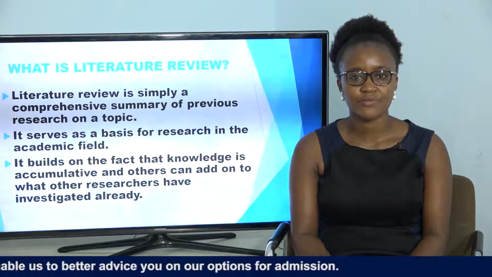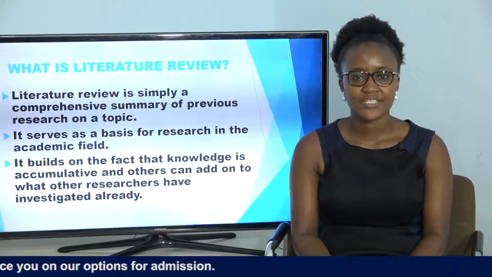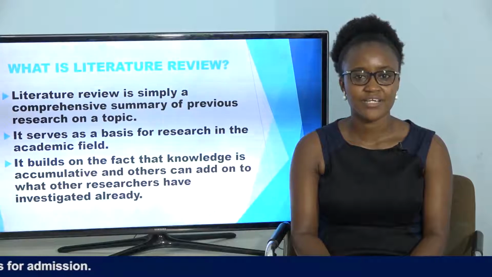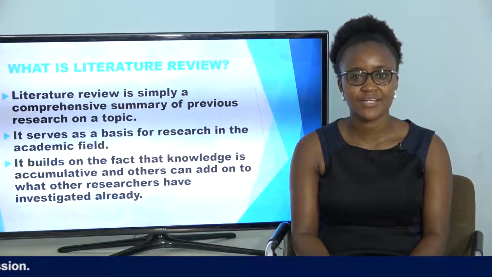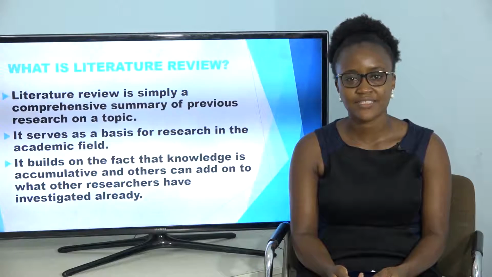And so we build on what others have done, on what other researchers have accumulated in that particular field, and then we investigate in an area that is new. So that is literature review, and it builds on the fact that knowledge is accumulative. Knowledge is always increasing and growing, and new things are coming up. So we build on what other researchers have investigated already.